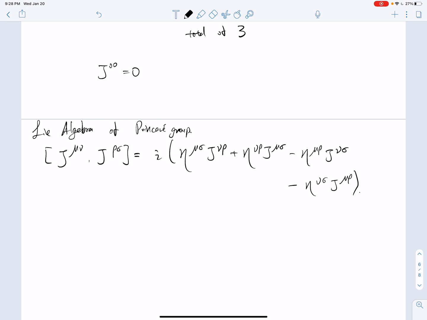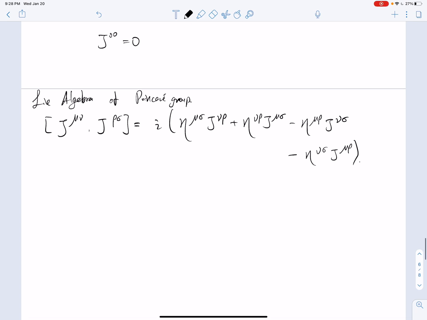This looks very complicated and difficult to deal with. But there's good news. We can simplify it. And that brings us to the topic of representations of the Poincare group.